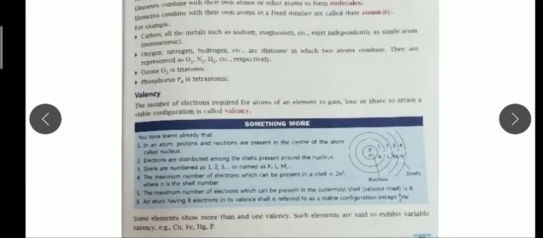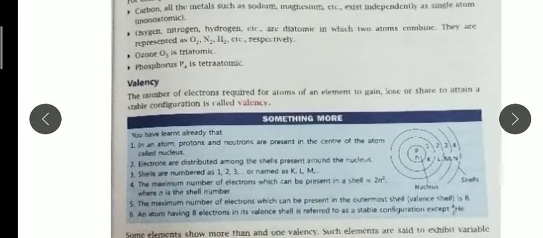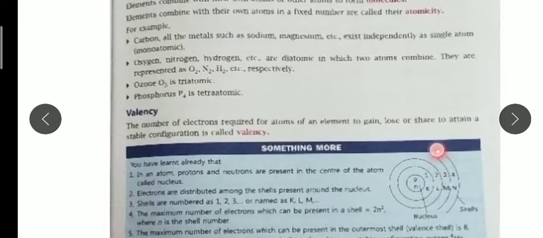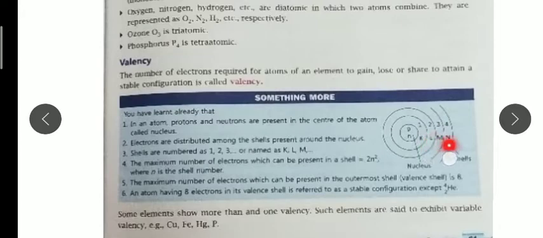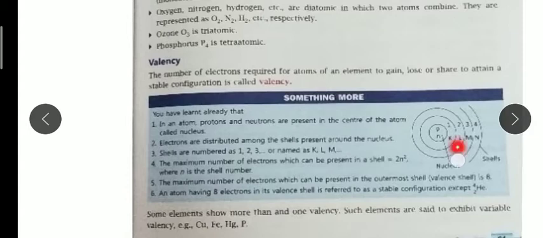So you know these things. Now you all know that atoms contain 3 subatomic particles: electron, proton and neutron, and electrons revolve around in imaginary shells. These shells are also called energy levels or orbits, and they are designated by a number. We can give any letter, A, B, C, D, K, L, M, N, or any number 1, 2, 3, 4.